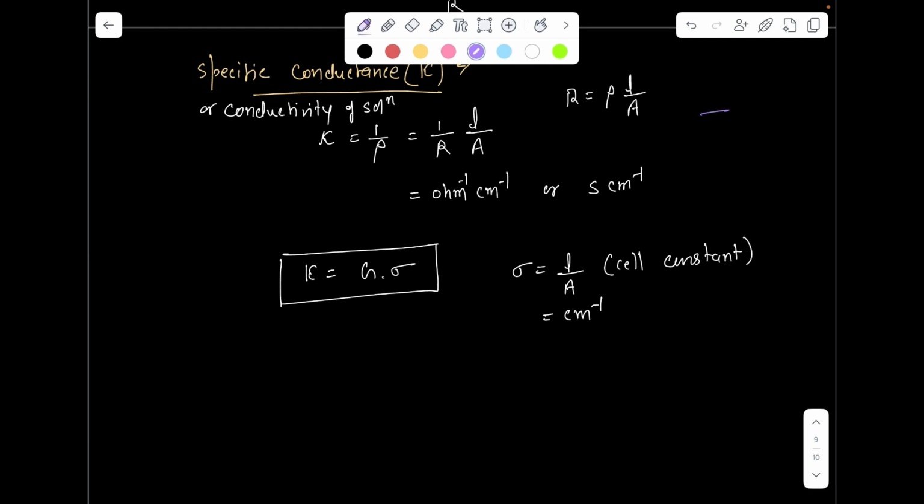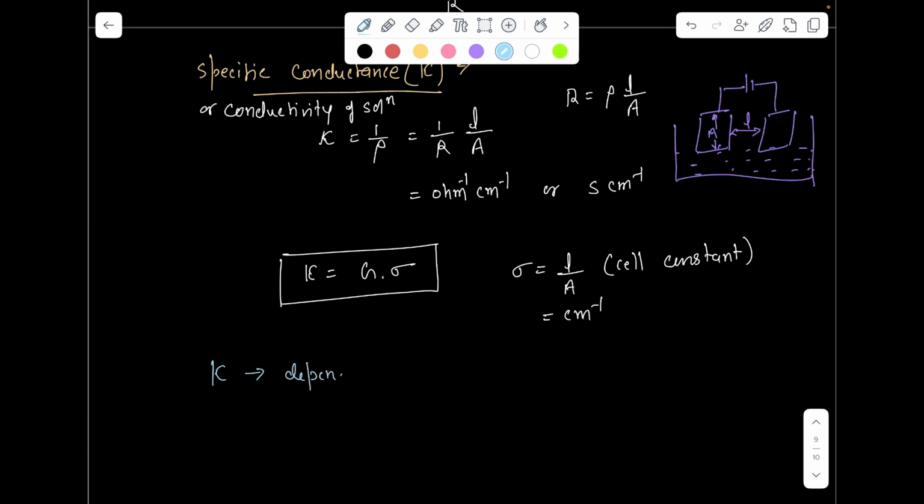So here suppose you have two electrodes connected to a battery, then this is the length between them and this is the area of cross section present in the electrolyte. Here the conductivity of the solution or specific conductance kappa depends on the number of ions per unit volume.